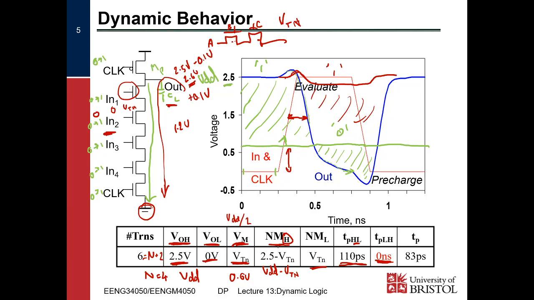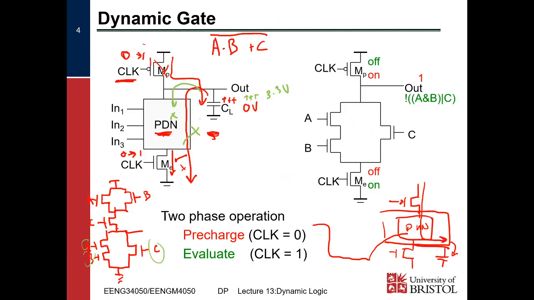So the threshold over here will just be VTP, and this will be 2.5 minus VTP over here, VTP being like 1.9 volts. So we'll end up with a high noise margin low instead. So it's not an issue, because it's the noise margin over this side, away from the pull-up or pull-down network, that we care about. So that's not an issue.